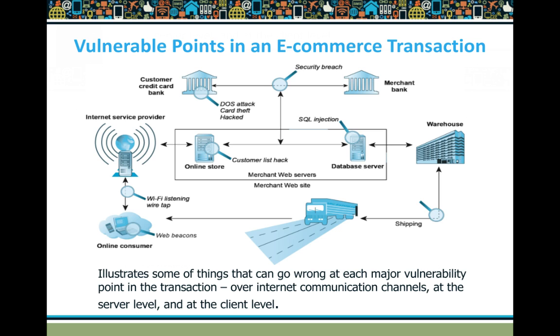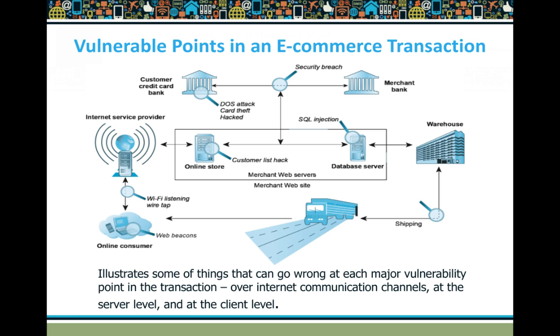Similarly, when the online store is displaying its catalog, we can hack all these details of the catalog. The attacker can hack the details of the products which are displayed on the particular website of the merchant. So the online list of the catalog can be hacked. That is one point.